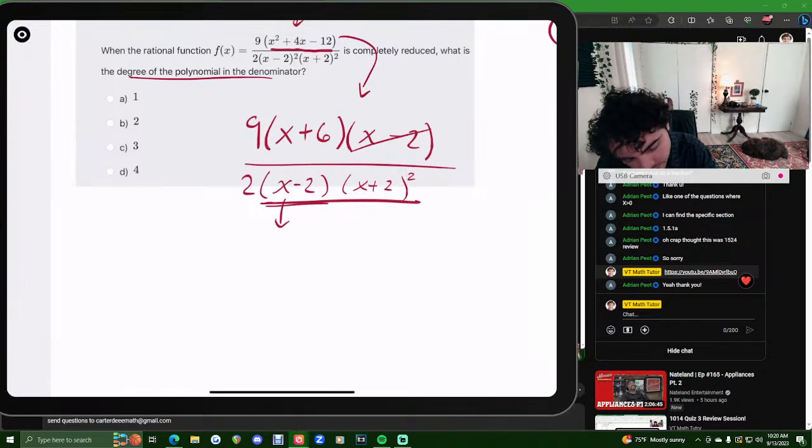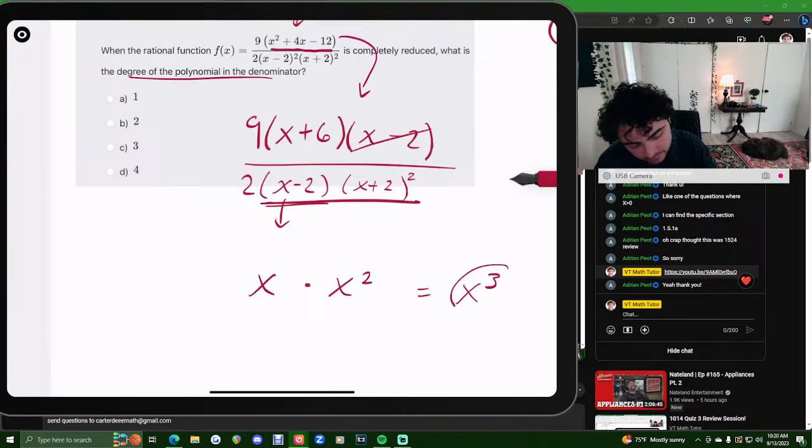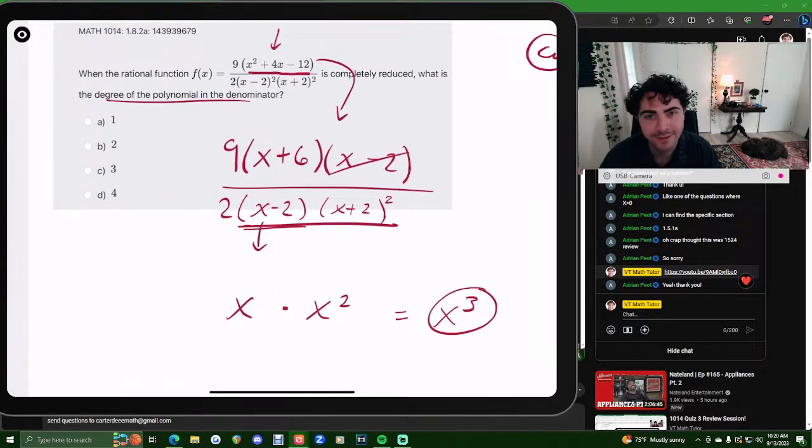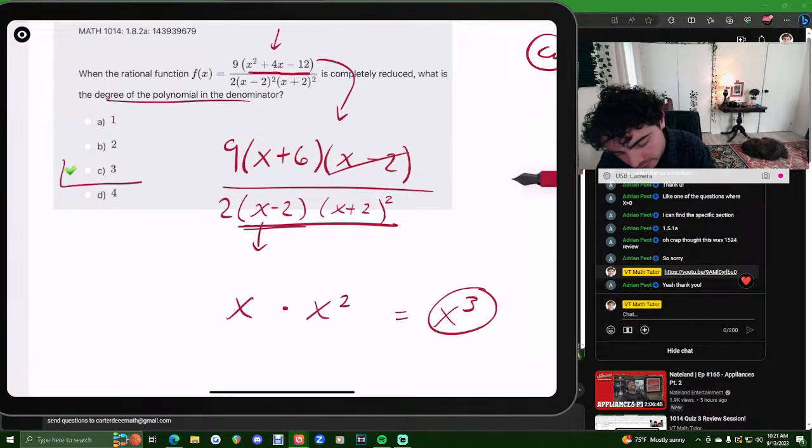If we expanded everything out, in terms of the x terms, we'd have an x times an x squared. X times x squared is x cubed. And that has an exponent of 3, and so the highest exponent in the denominator, in other words, the degree, would be 3.